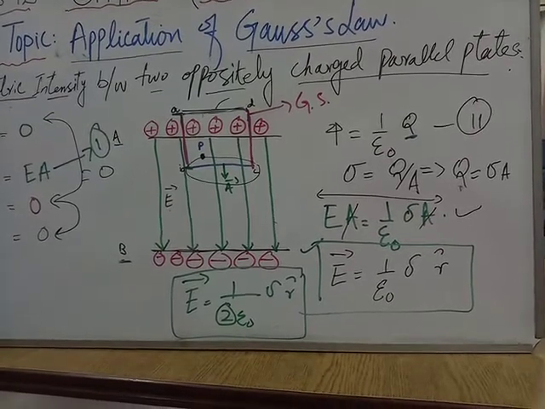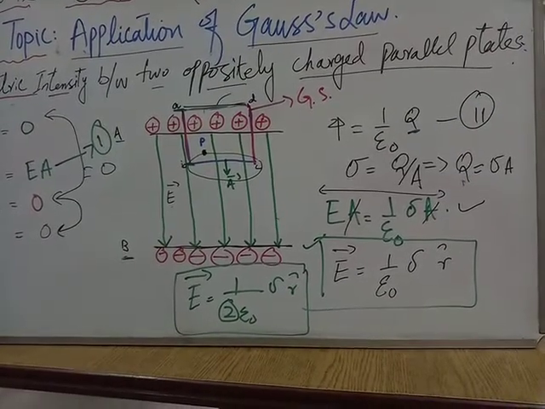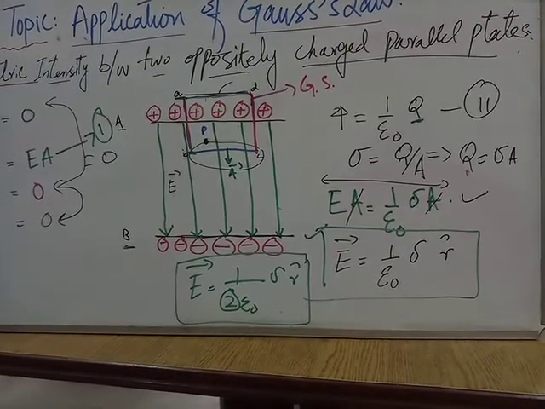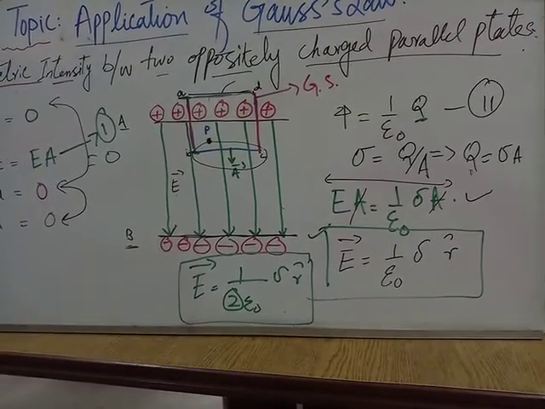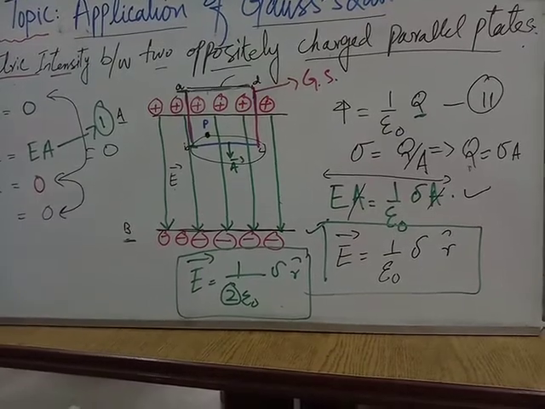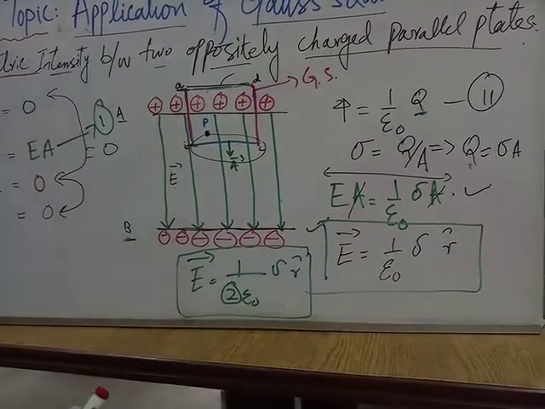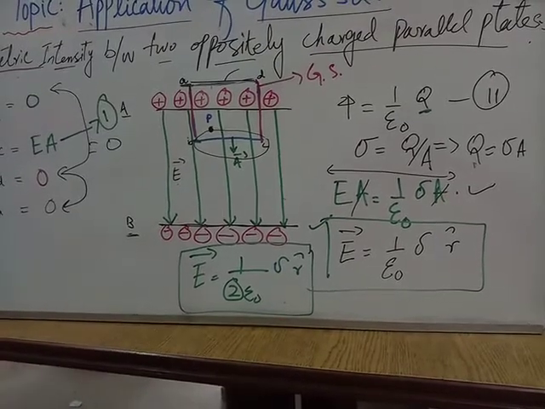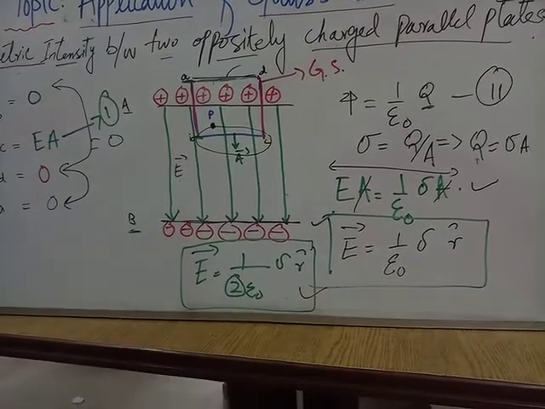The MCQ will be: what is the electric intensity between oppositely charged parallel plates? The right answer is this. And for an infinite sheet of charge, the answer is this.